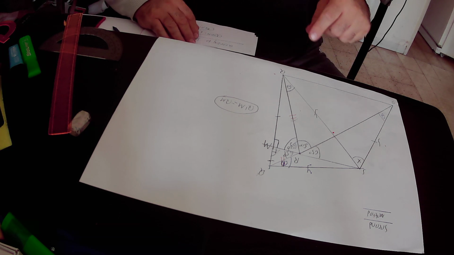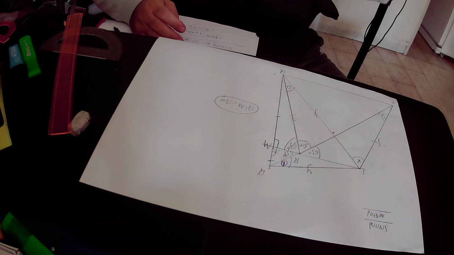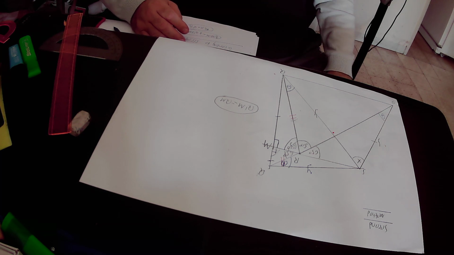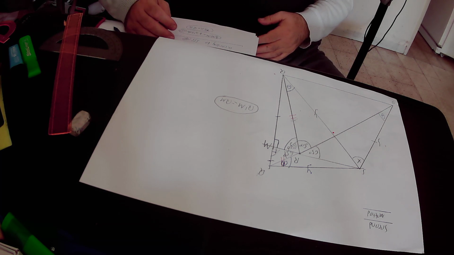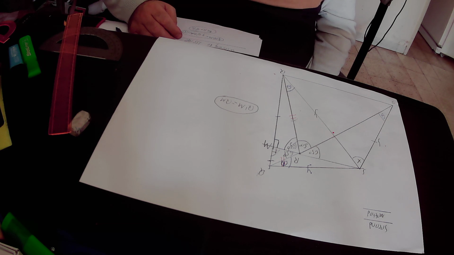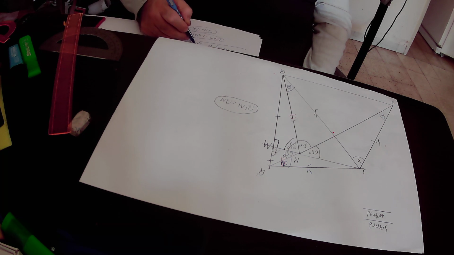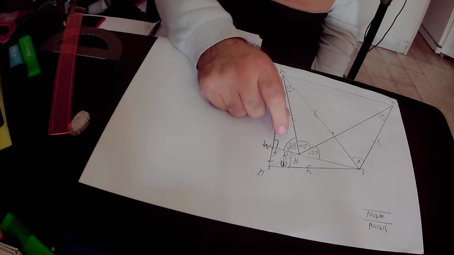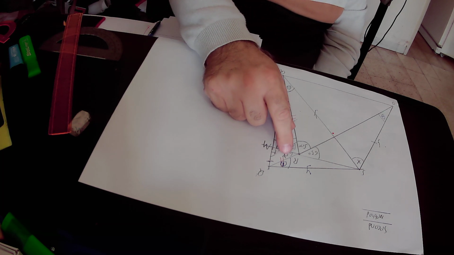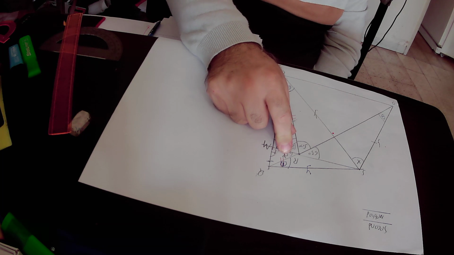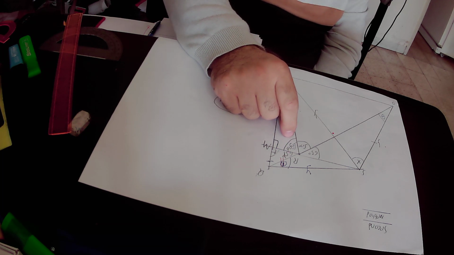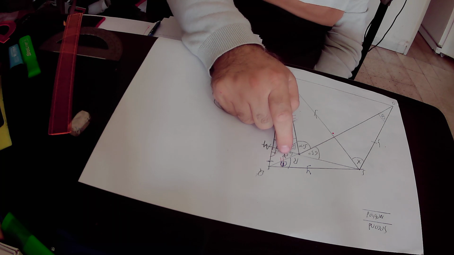Therefore, we proved that those two triangles are congruent according to the side angle side rule. For the fact that those two triangles are congruent, we can conclude that those two angles are equal to each other, and because this angle equals 65 degrees, then this angle must also equal 65 degrees.